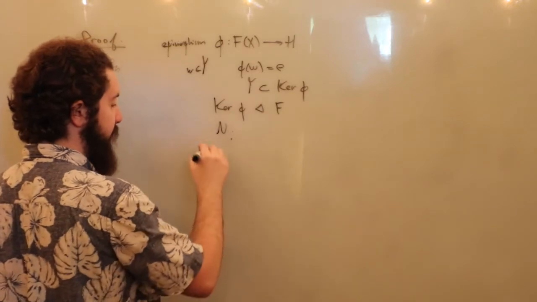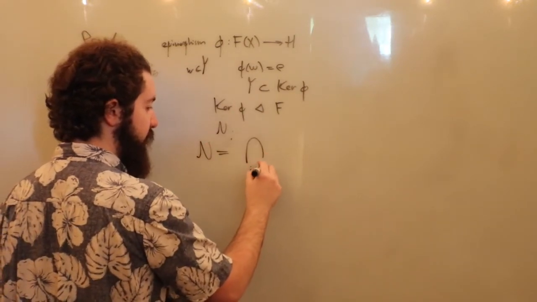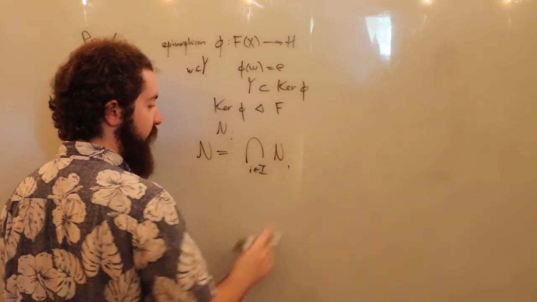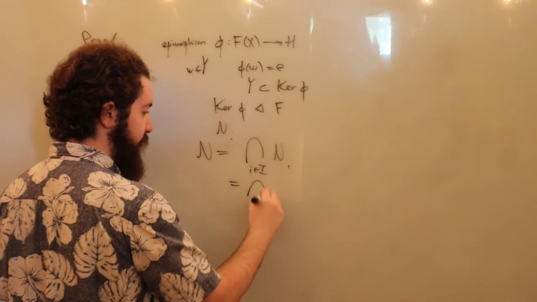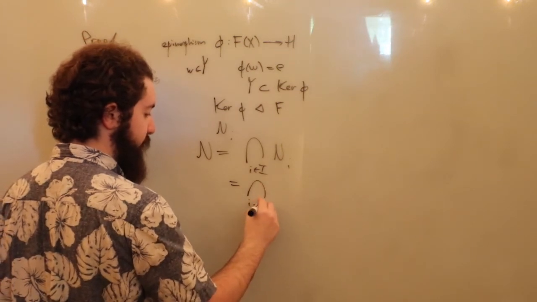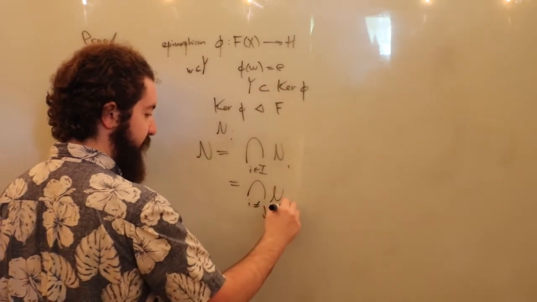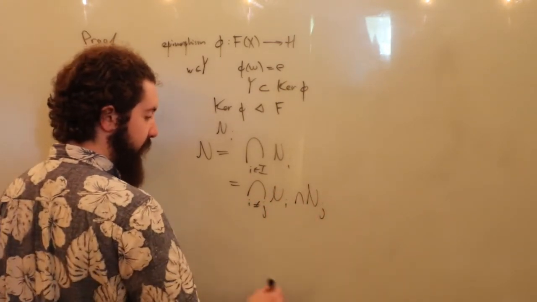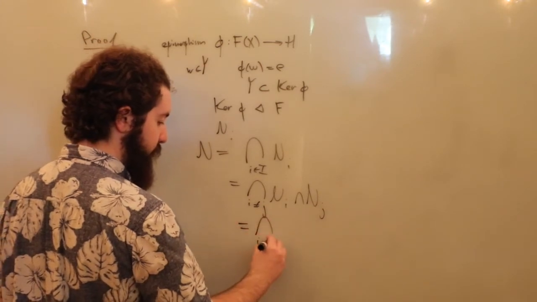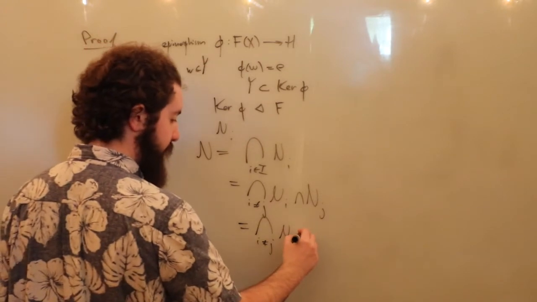In other words, our normal subgroup N is going to be the intersection of all these normal subgroups of F containing Y, and one of these, we'll call it N sub j, is going to be equal to the kernel of phi, right?